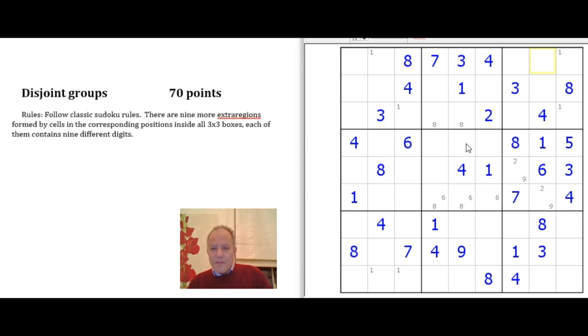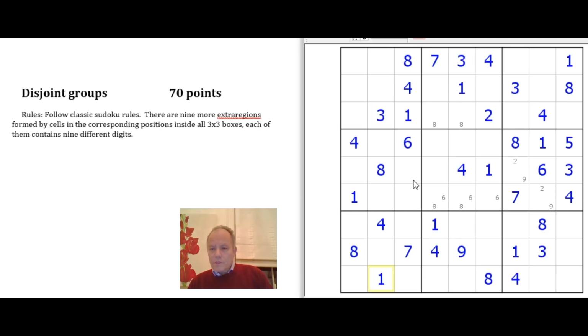And it can't be there or there because of that 6. That still leaves down here and up here as possibles, which is unfortunate. 1 can't be here because of that 1 that we put in there. So in fact, we've now got, I think, all the 1s complete. And that might be useful too.